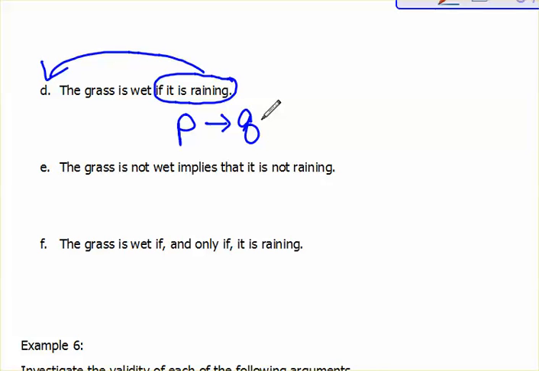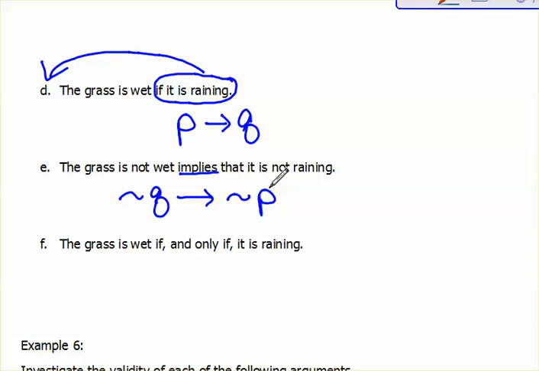This one says the grass is not wet implies, so this time they didn't even use the if then, they used the implication word itself, implies that it is not raining. So the grass is not wet. So not wet grass, well, that would be not Q, implies, there's our arrow, that it is not raining, not P. Okay.